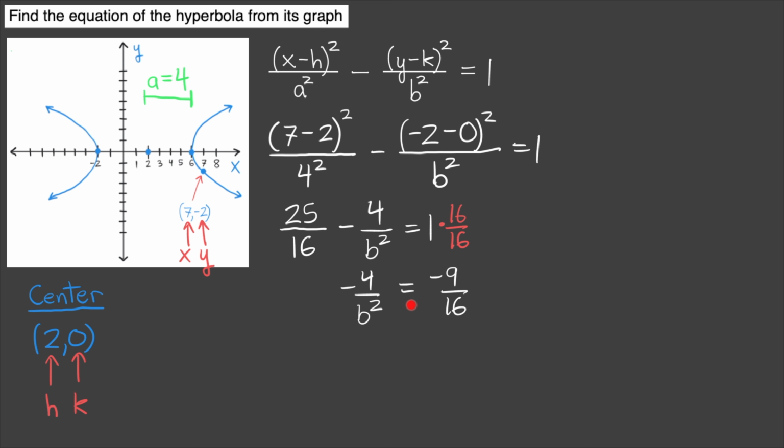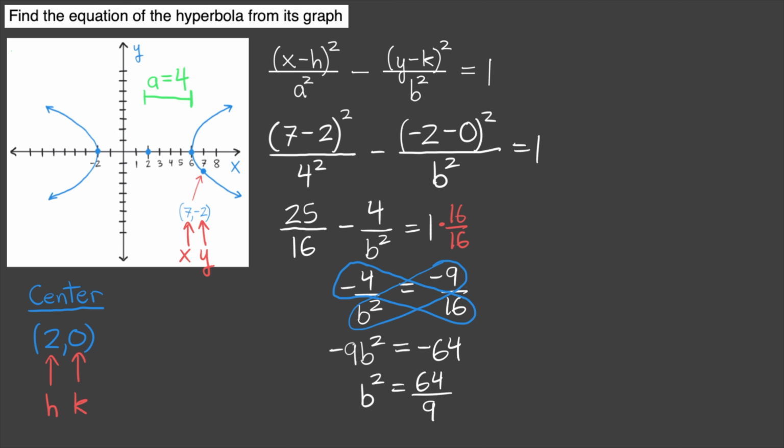So what I'm going to do is cross multiply. So I'm going to multiply these guys and then set that equal to these guys here. We'll start off with b squared times -9. That is -9b squared. And then on the right side, we'll have -4 times 16, which is -64. We'll divide both sides by -9, and we'll get 64 over 9.